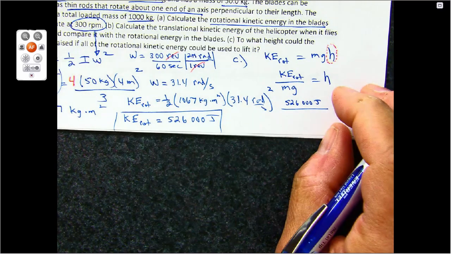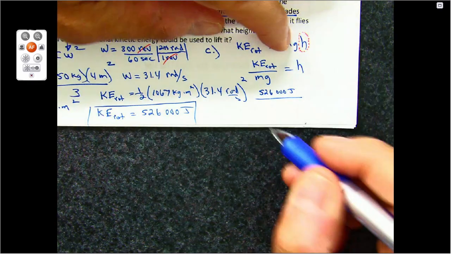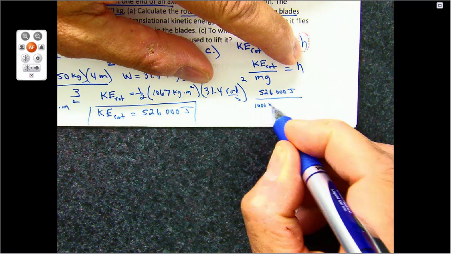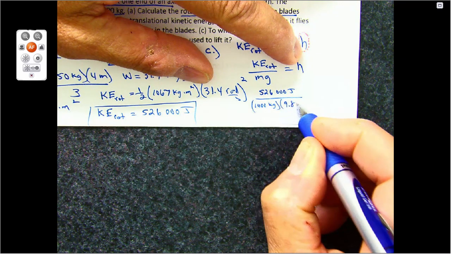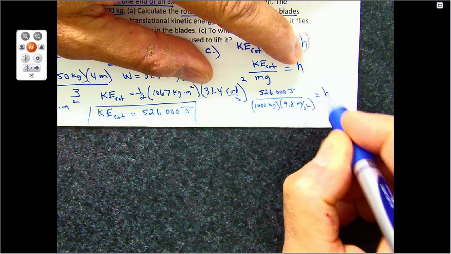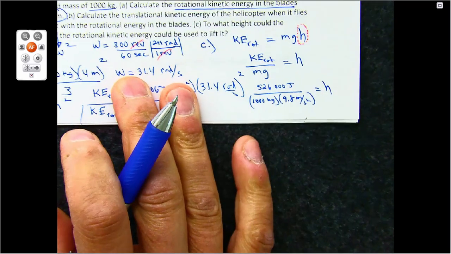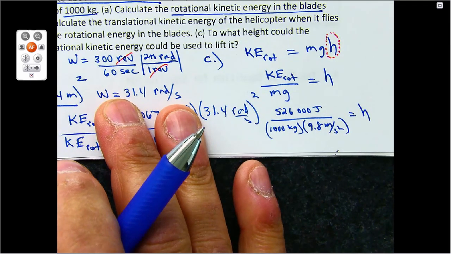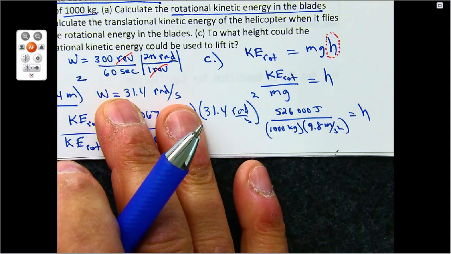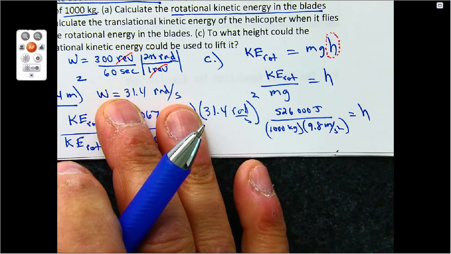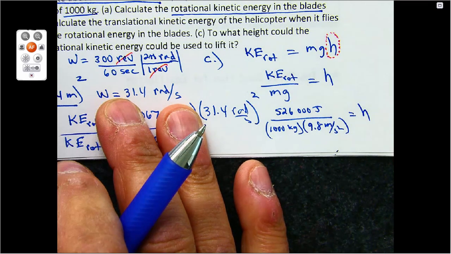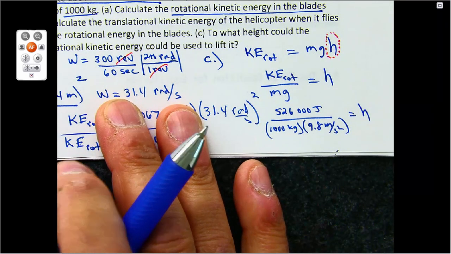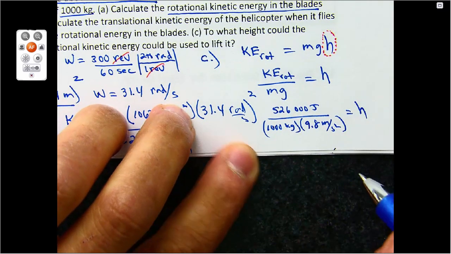So at 526,000 joules, mass of that helicopter is 1,000 kilograms, 9.8. What do we get? 53.7 meters.